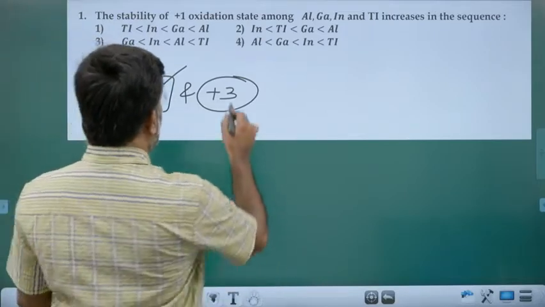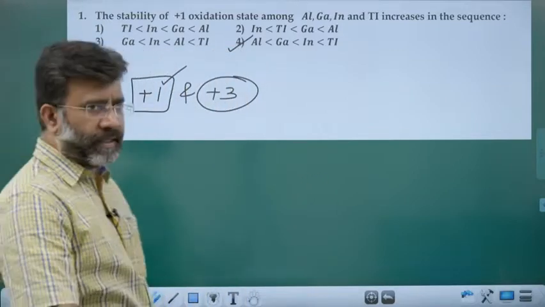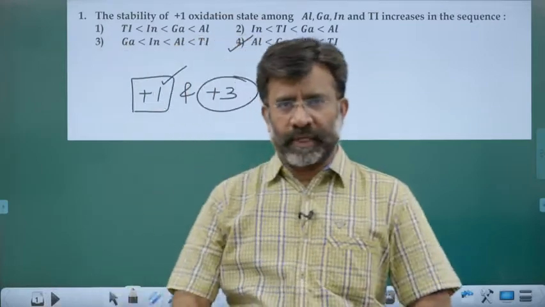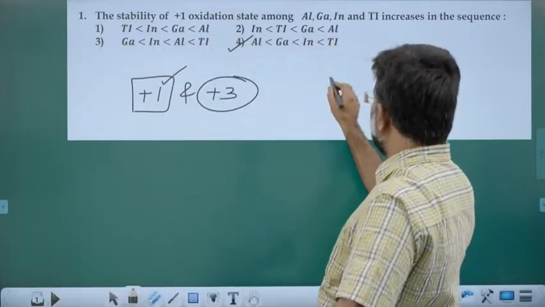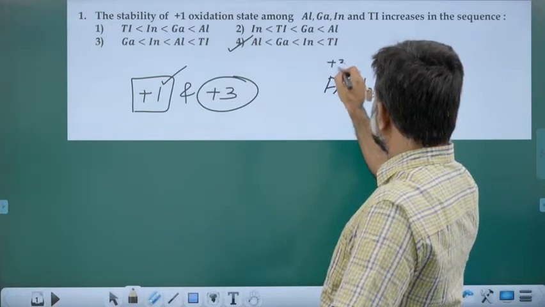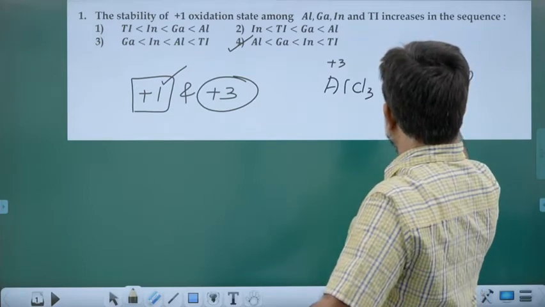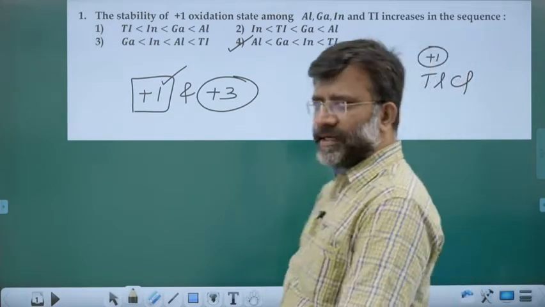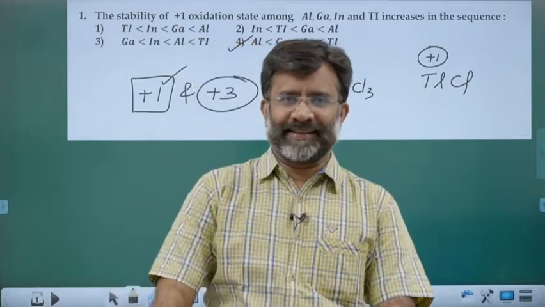Option 4: aluminium, gallium, indium, thallium. Aluminium will form AlCl3 where it is +3 state, whereas thallium will give you TlCl which is +1 state. Hope you understand. Next question.